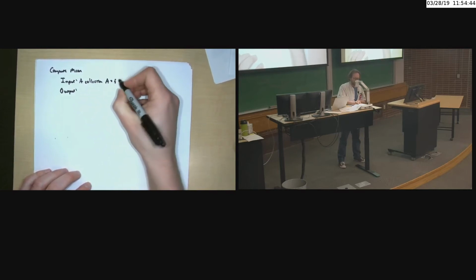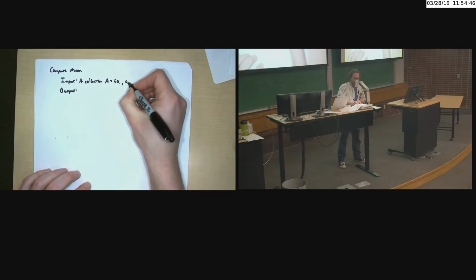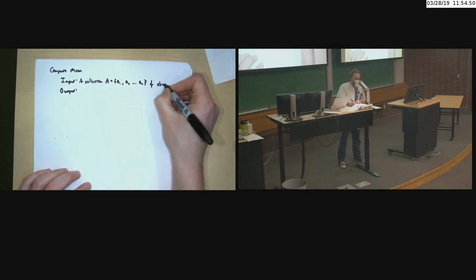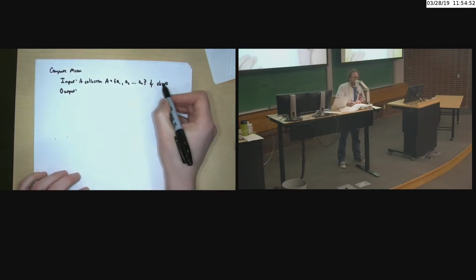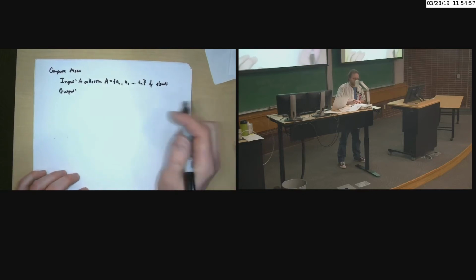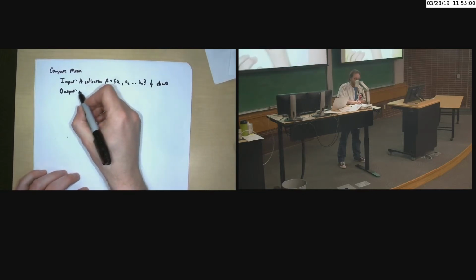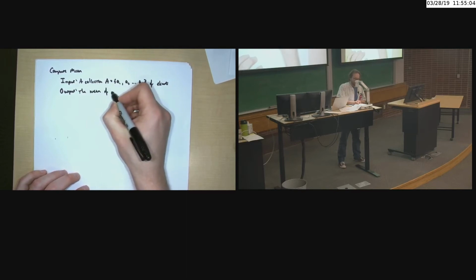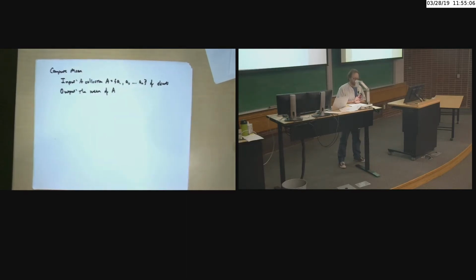Give it a name, give the elements a name. A collection A of elements, right? And here you could say of numbers, or whatever you want, right? And the output will be the mean of A, right? Okay. Help me out now. To compute a mean, what would you do?